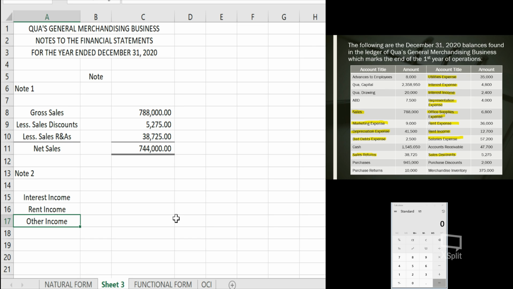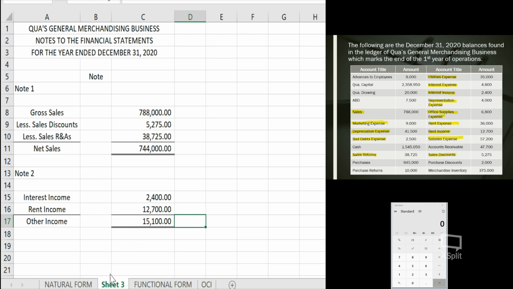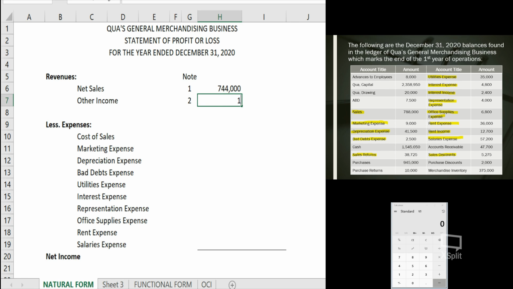Ayusin lang natin ulit. Okay. Interest income is 2,400. Rent income is 12,700. So we simply have to add the two to arrive at other income. So this should be double rule. Okay. Other income is 15,100. Okay. So ang total ng revenues natin will be 759,100. Okay? Okay, now we're done with our revenue.